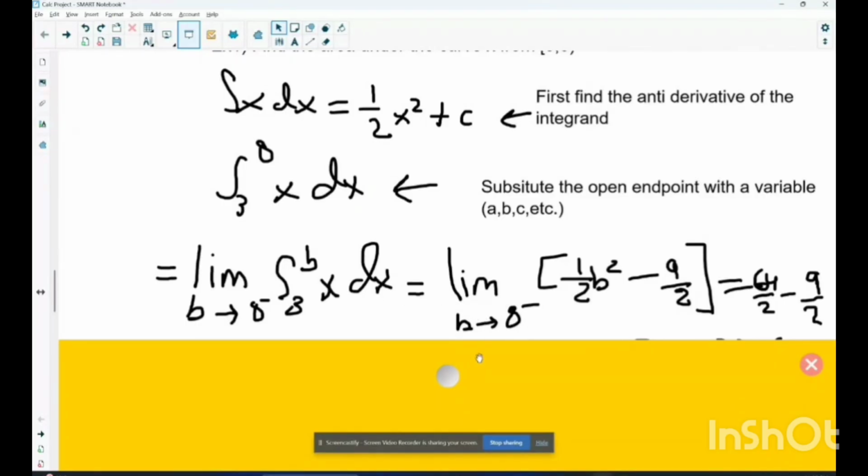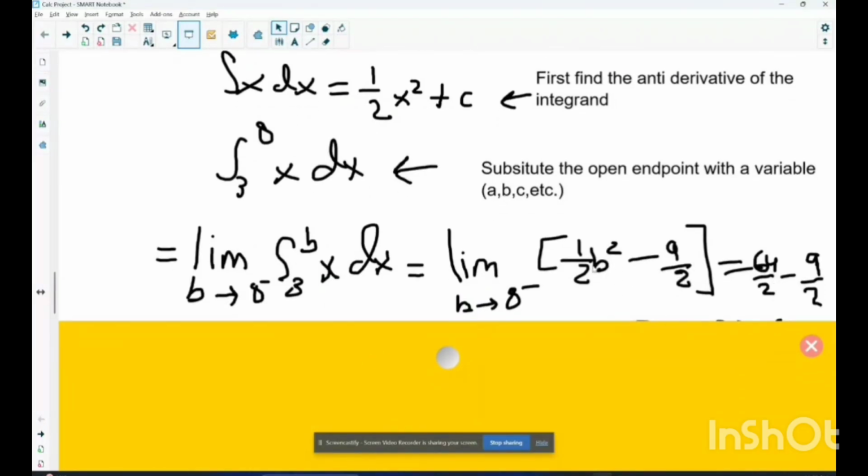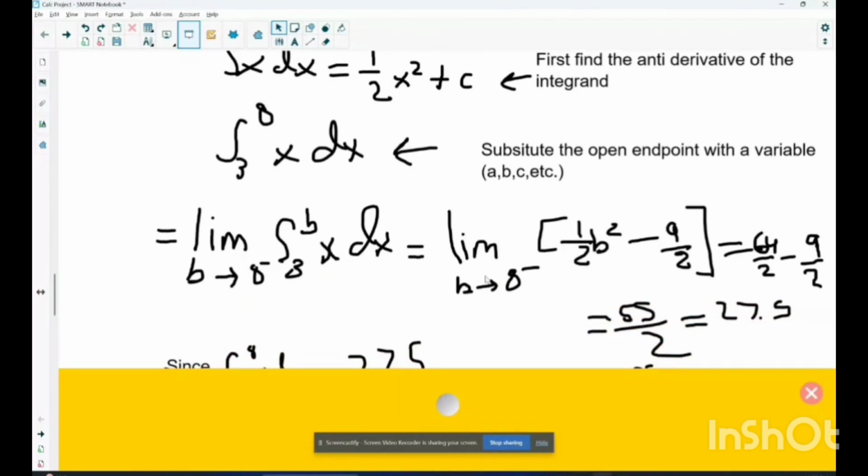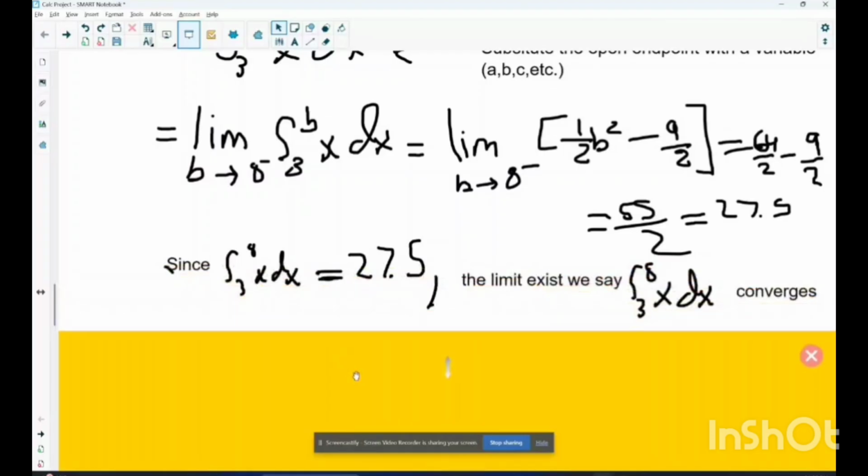So you take that antiderivative, you get b squared over 2 minus 9 over 2. Then you just plug back in a for b. And same answer, 27.5. So since it's a real number, as we take this integral, you notice it converges.